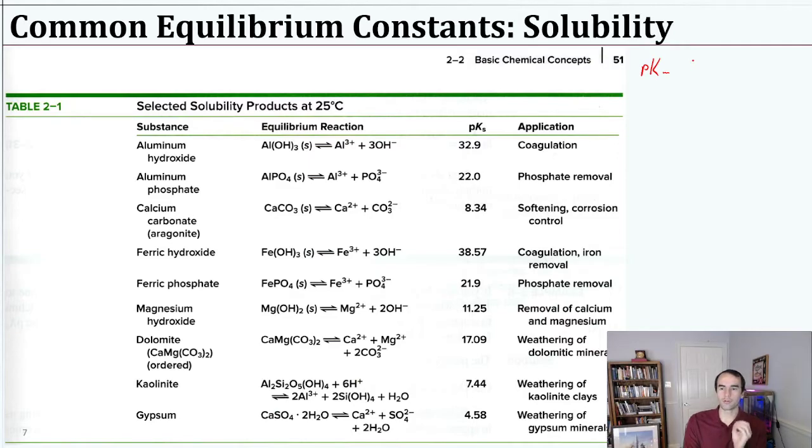So it's another tool to say that if the pKa or pK whatever is equal to, in this case, 32.9, that means that the negative log of K equals 32.9. Okay, so that means that K equals 10 to the minus 32.9, which is a very small number.